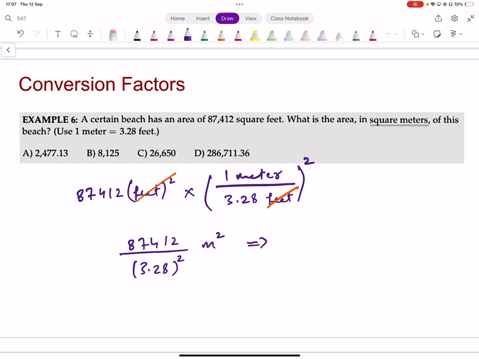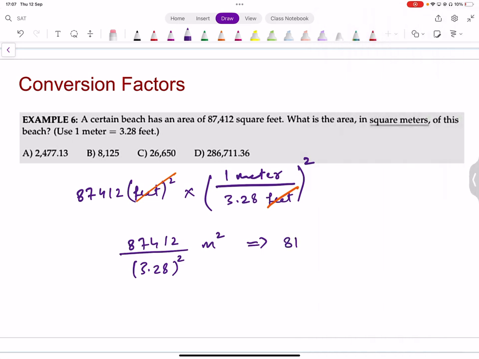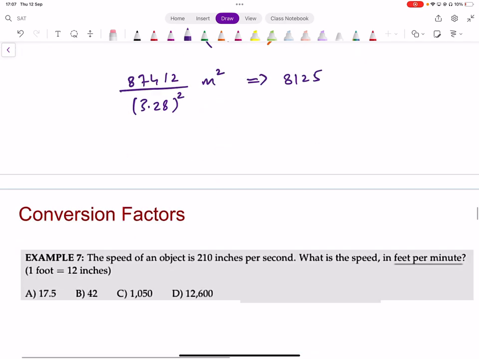You don't get any of the options? That's 8.25, right? That's B. Okay? Let's move on.